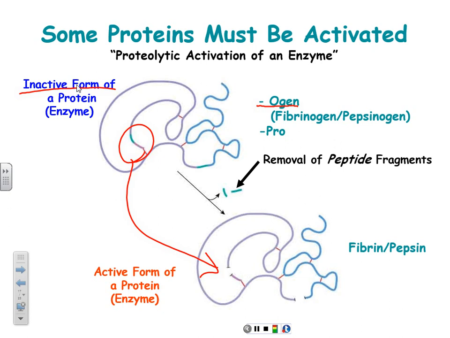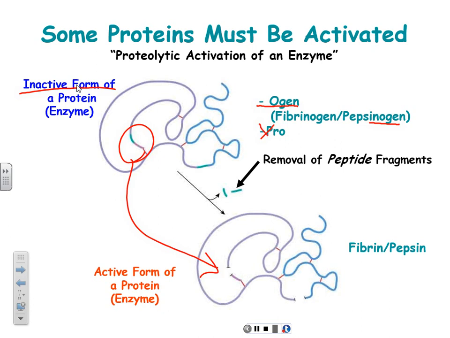It's an inactive form of a protein known as fibrin. Look at the one next to it. Pepsin is an enzyme found in your stomach, right? The inactive form of it is known as pepsinogen, right? Sometimes you'll see a prefix known as pro, but typically not.